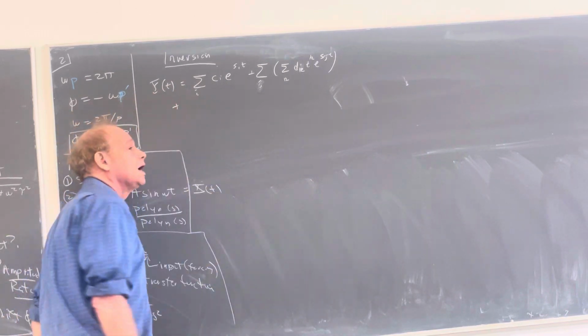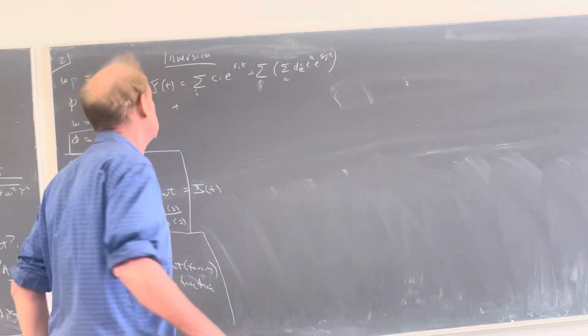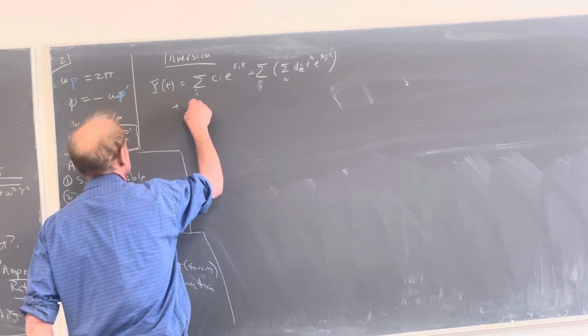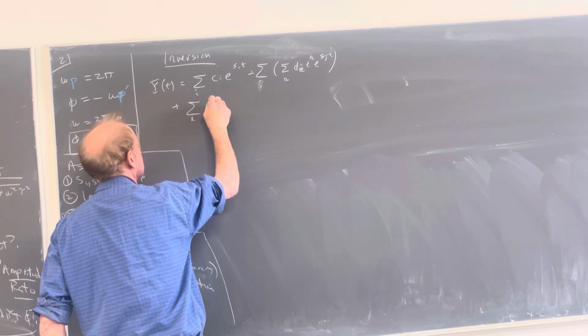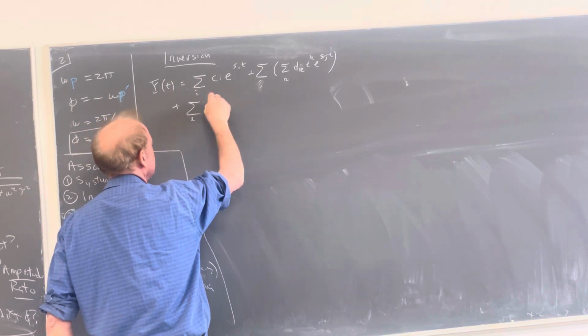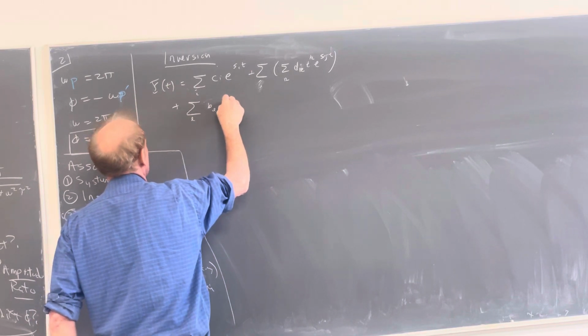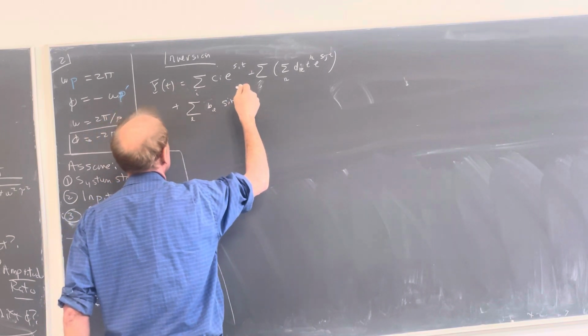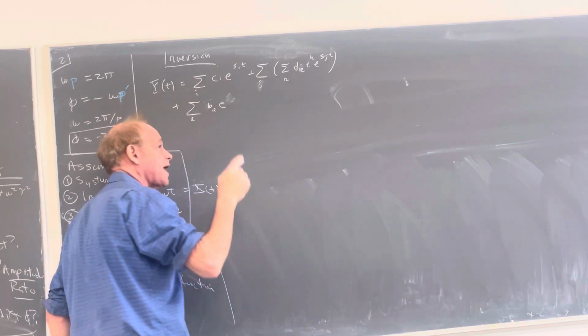And of course, I could have things that oscillate and decay. So I could have terms, I need another letter, so b_l, times sine of omega_l t, times e to the alpha_l t, where the exponent is alpha plus i omega.